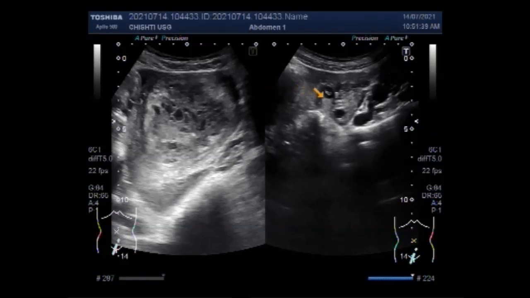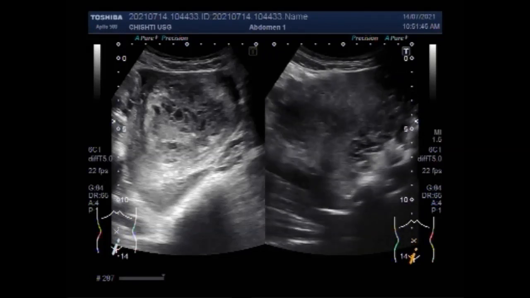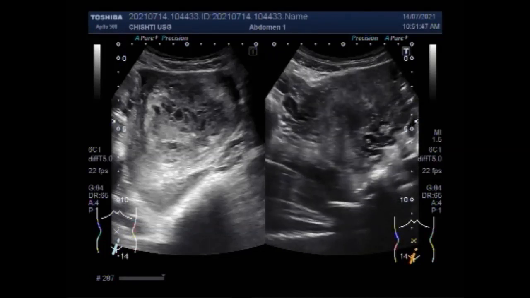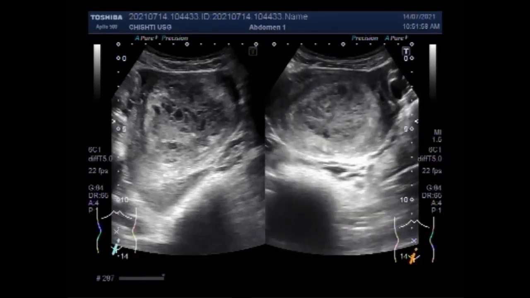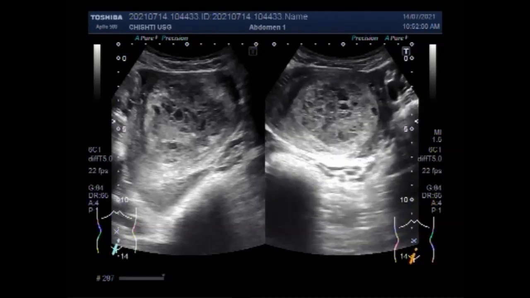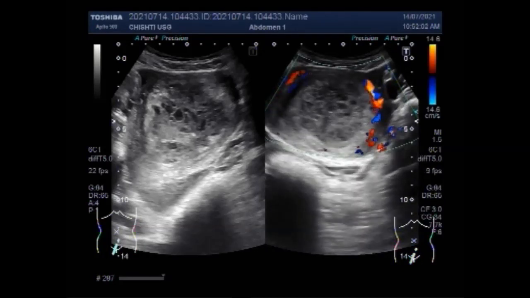Choriocarcinoma and, in rare cases, placental site trophoblastic tumors. On ultrasound, complete molar pregnancy can be detected as early as 8 or 9 weeks of pregnancy, but it may show no embryo or fetus.